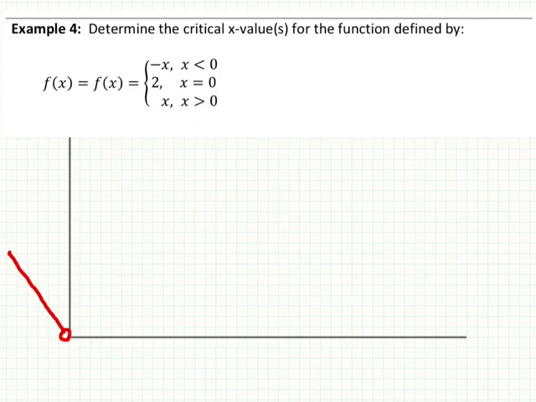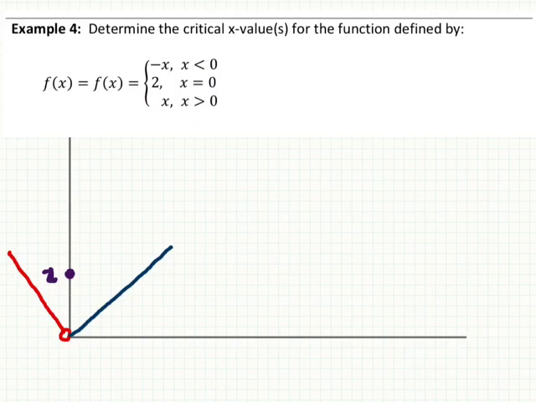And then when x is greater than 0, let me change my color one more time, I will have a graph that looks something like this. And again, an open dot at that point. So they're just reflections. And then the next point is that when x equals 0, I will have a value at 2. So let's suppose that 2 is somewhere right in this neighborhood. There is my value of 2.